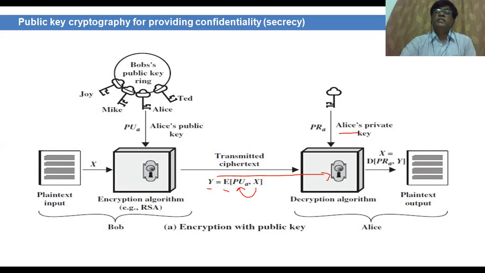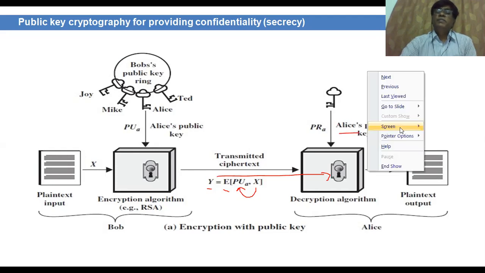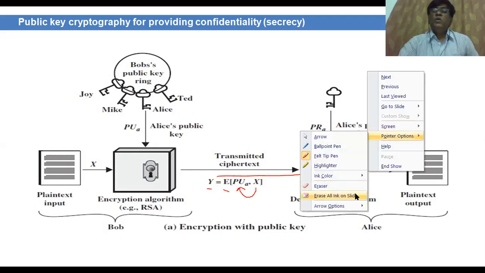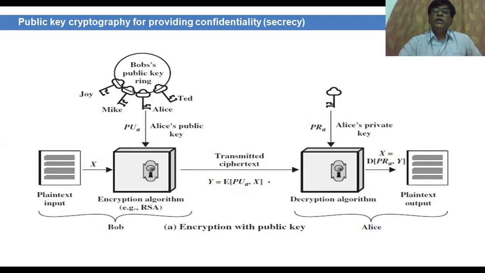Here we have Alice at the recipient side. Alice receives the ciphertext Y, which is some encoded value. She must convert that ciphertext into plain text using the decryption algorithm.